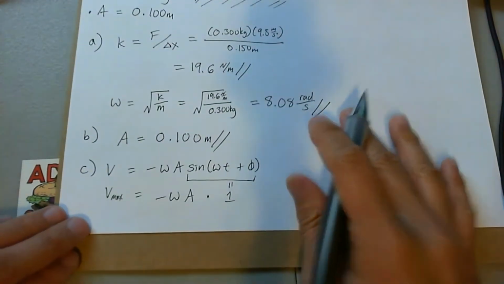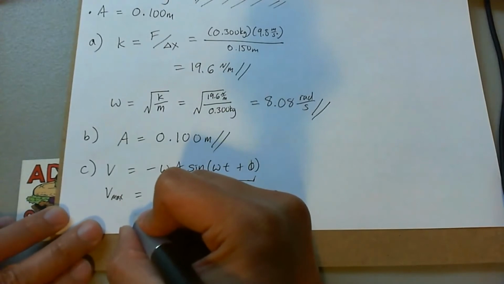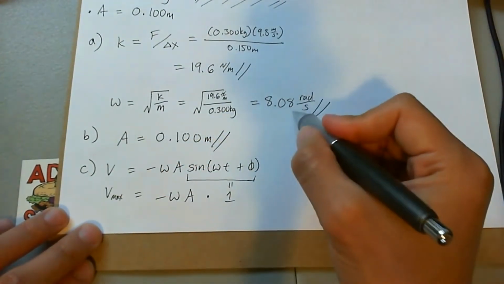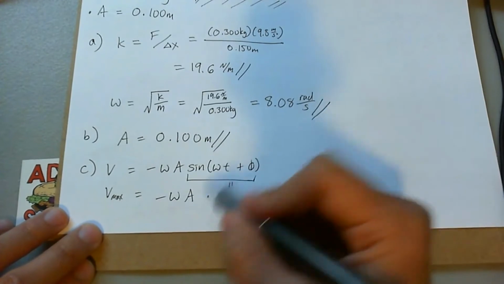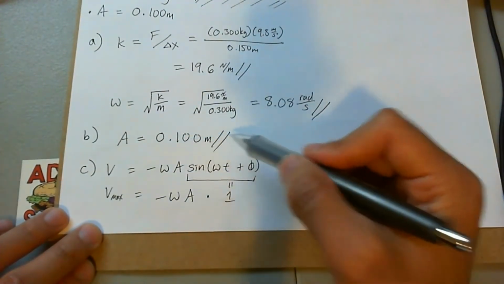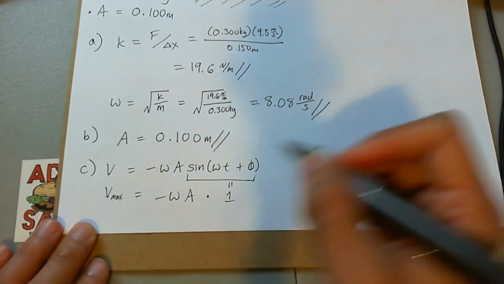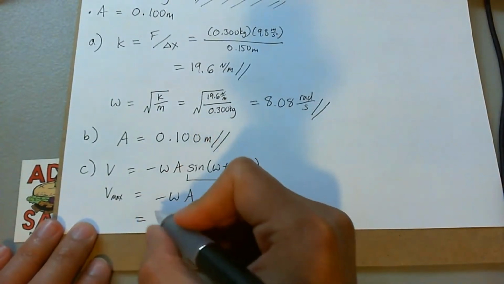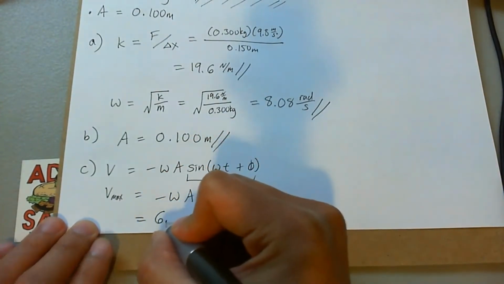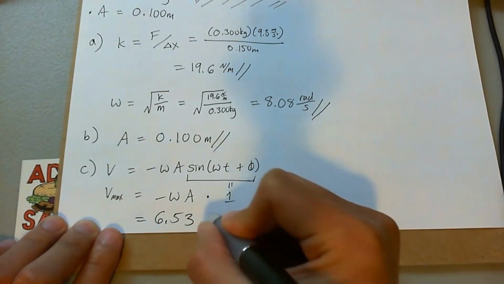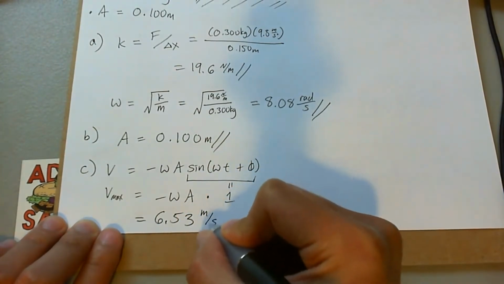We know what omega is, and we know what A is. Omega here is 8.08 radians per second, and A is 0.1 meters. So the vmax ends up being 6.53 meters per second.